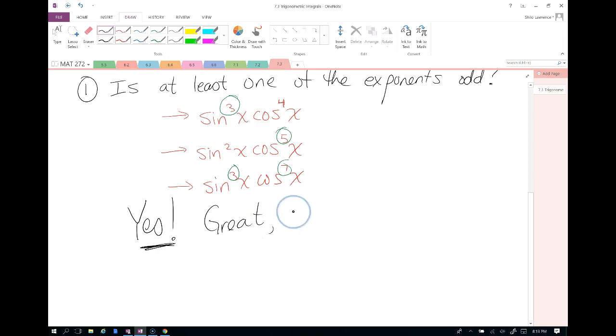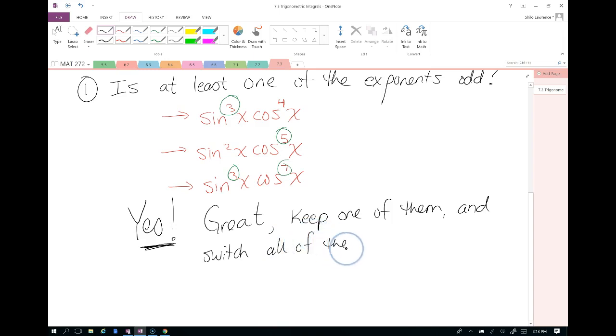We're going to keep one of them, and we're going to switch all the rest of them into our other trig function. And the way that we switch is with our Pythagorean identity.